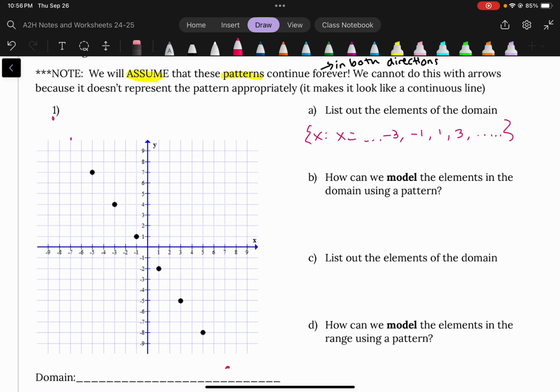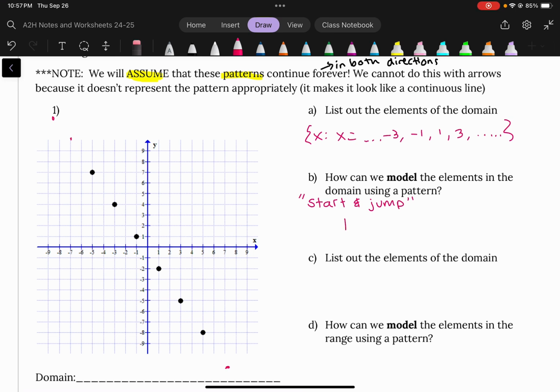So typically you can start with 1. If I started with 1, the jump that I'm making is 2. Hopefully we realize that every time we do this we go 2, so 5, 7, 9, whatever.